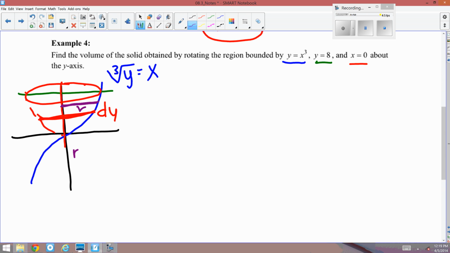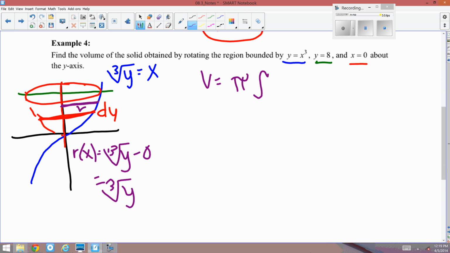So our radius is cube root of y minus 0, or just the cube root of y. The volume is going to be given by pi times the integral of the radius squared dy this time. And now our bounds need to be y values. So we're going from y equals 0 to y equals 8.